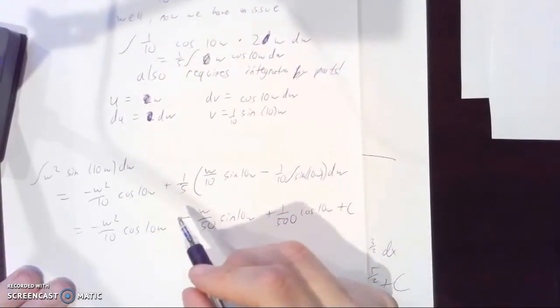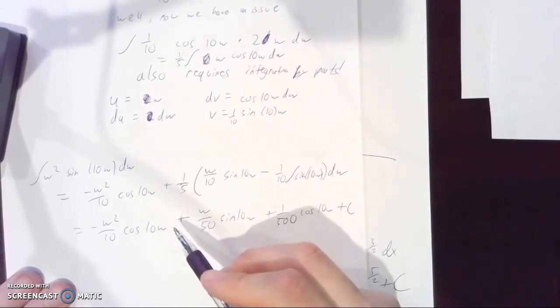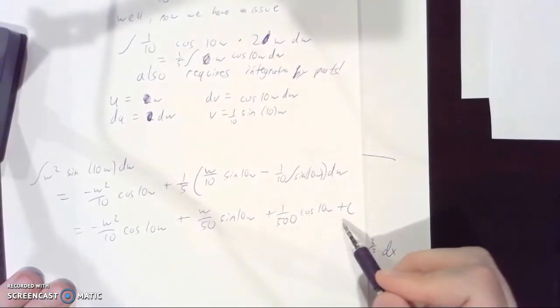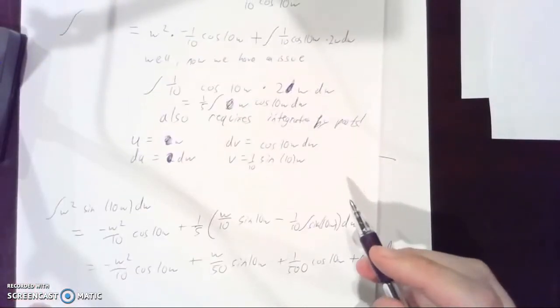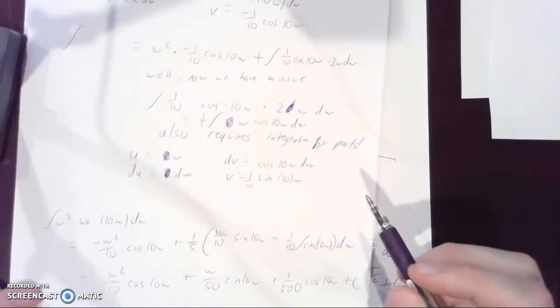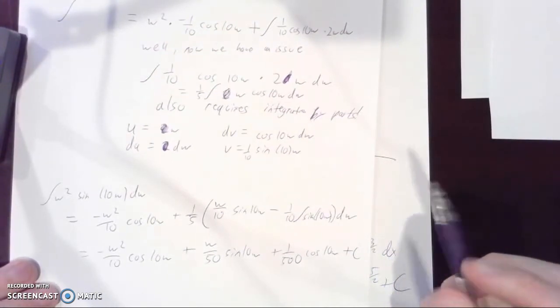Well, if you work that stuff out, you end up with negative w squared over 10 cosine 10w plus w over 50 sine of 10w plus 1/500th cosine 10w plus c. Okay. So that one, you actually had to do repeated integration by parts. That is not that odd. That happens quite often.